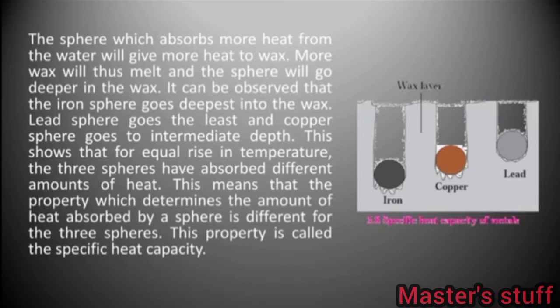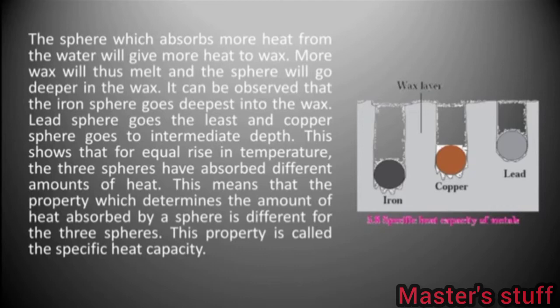More wax will thus melt and the sphere will go deeper into the wax. It can be observed that the iron sphere goes deepest into the wax, the lead sphere goes the least, and the copper sphere goes to an intermediate depth.